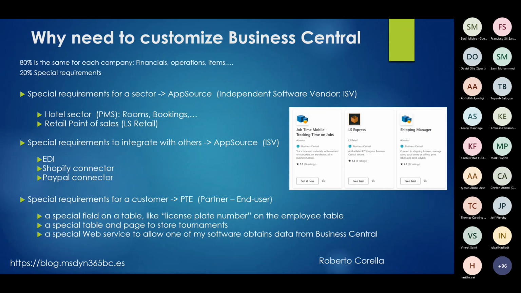First, why do we need to customize Business Central? Mainly 80% of the companies have the same processes: financials, operations, items, vendors, customers, all of them using the same areas. But we have 20% of requirements that are not covered by Business Central.